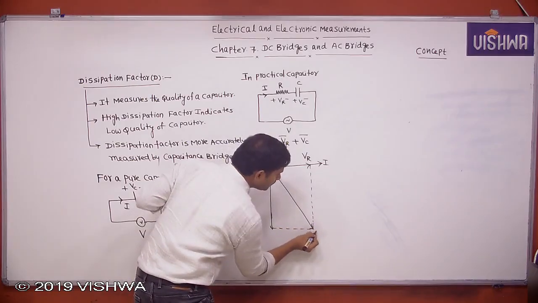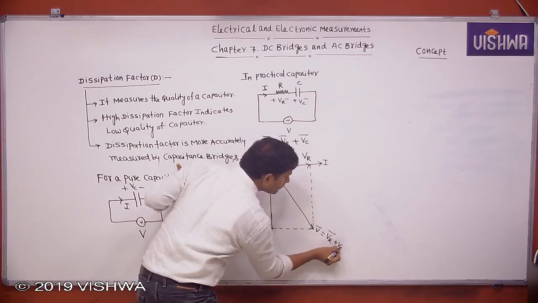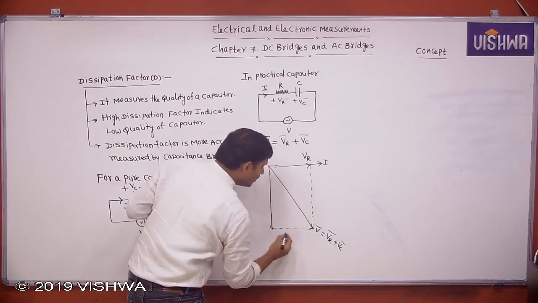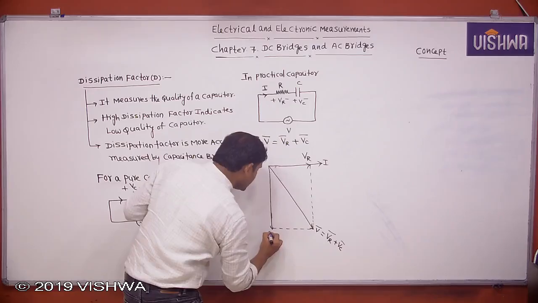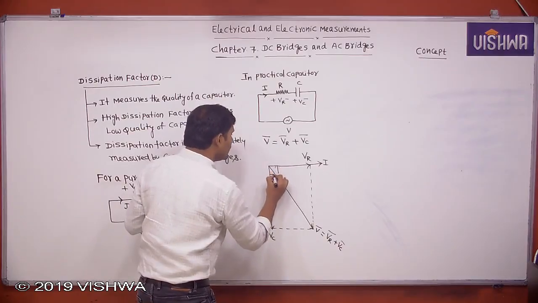This is V, equal to VR plus Vc, okay, VR plus Vc, and this is Vc. This angle is 90 degrees.